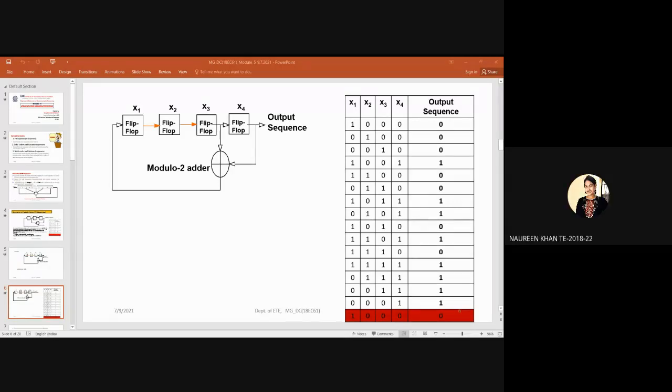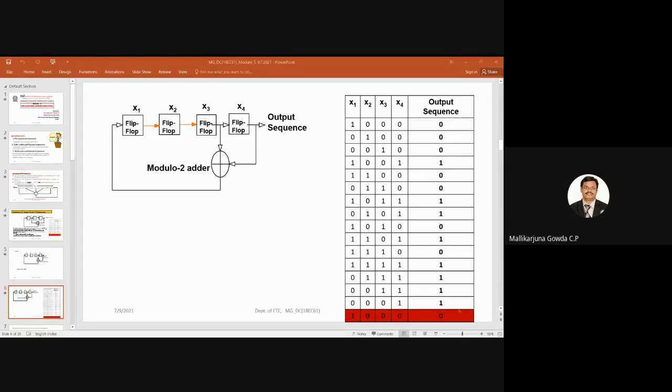It goes on till 111, no? If we take the initial state as 0001, the last condition will be all ones. Okay. Similarly, what about others? If you take this 0001, what happens?